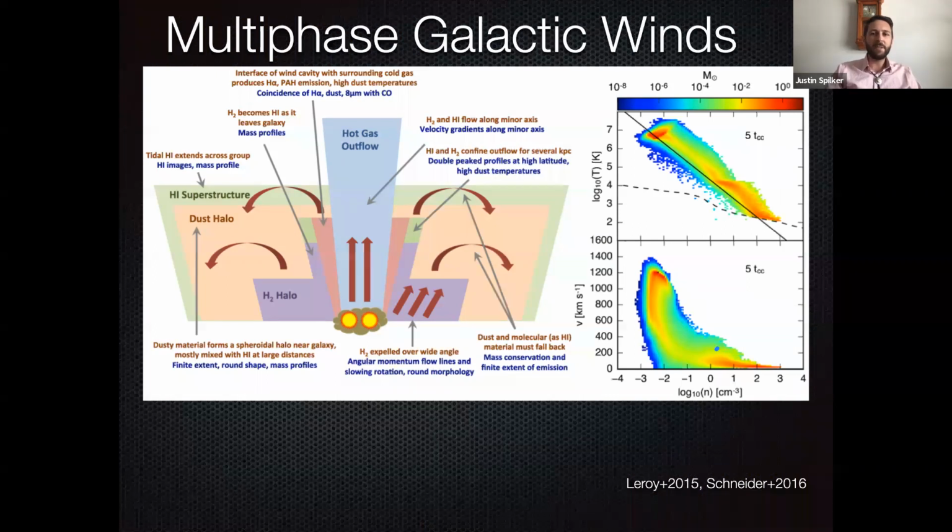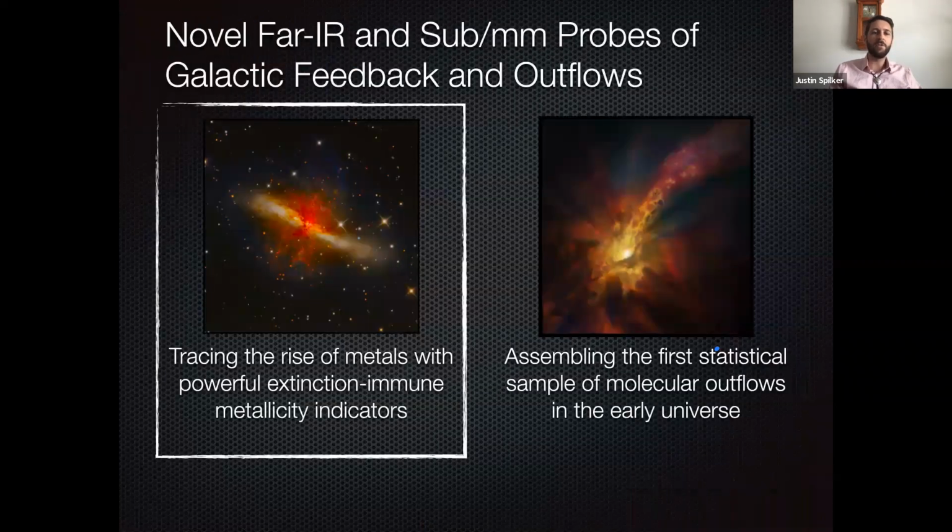And so today I want to spend a little bit of time talking about two different aspects of things that I'm working on related to galactic winds. Given the crowd, I'm mostly going to focus on new ways that we can use far-IR and submillimeter observations to probe feedback and outflows and winds across cosmic time.